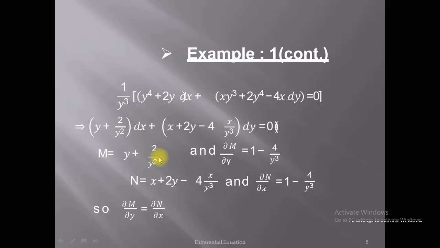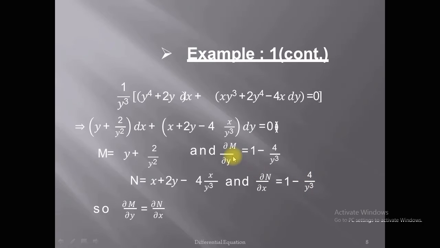So now taking the partial derivative of M with respect to y to check whether this new differential equation is exact or non-exact. The derivative of y with respect to y is 1, and the derivative of 2/y^2 by using the power rule we get minus 4/y^3, and the partial derivative of N function with respect to x: the derivative of x is 1, the derivative of 2y is 0, and the derivative of the last term is minus 4/y^3.